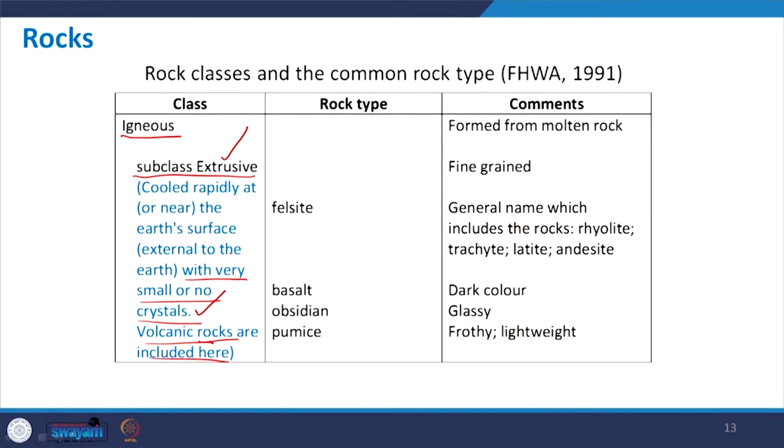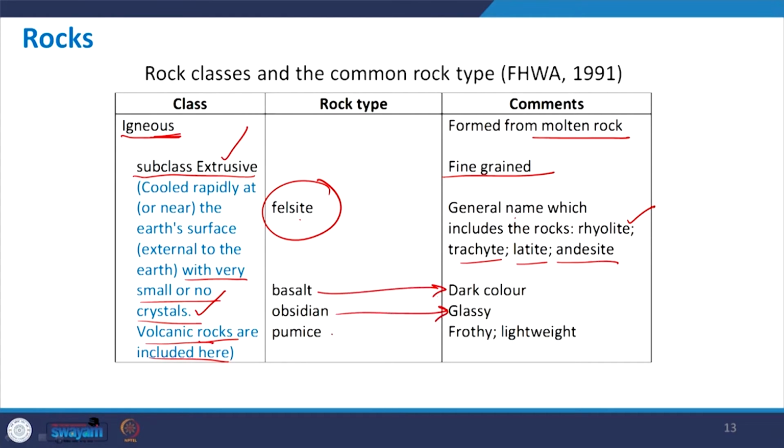So here we will have felsite. As I mentioned, igneous rocks are formed by molten rock. These are fine grained. For felsite, the general name which includes the rock is rhyolite, trachyte, latite and andesite. Another category is basalt, which is of dark color; obsidian, glassy; pumice, frothy and lightweight. You should be able to identify this pumice, which we use in the household also. Pumice stone is the same thing.